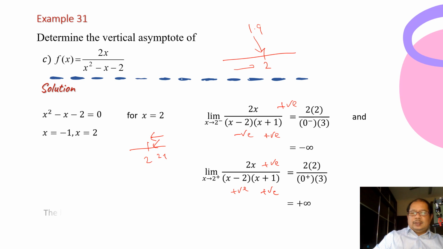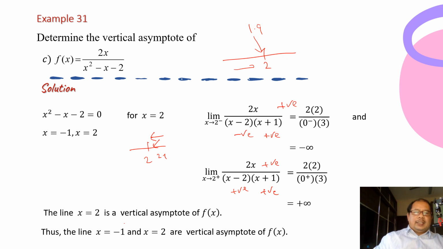Okay, oleh sebab itu, kita dapat satu lagi line x equal to 2 adalah vertical asymptote. Sebab dia memenuhi syarat untuk vertical asymptote. Jadi kita ada dua garis yang merupakan vertical asymptote, x equal to -1 and x equal to 2.